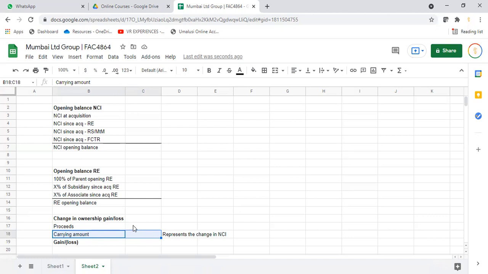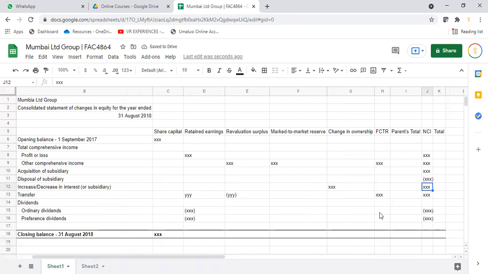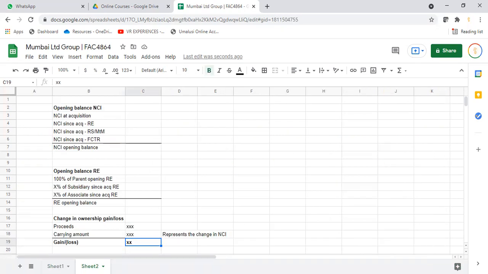Then, like we said, carrying amount versus proceeds will give me a gain or a loss. This gain or loss will then go into change in ownership. Once again, it does not mean it's a gain, it is positive. It doesn't mean it's a loss, it is negative. You need to ask yourself, if you are selling, so if you sold for 100 and it's worth 90, you made a profit.